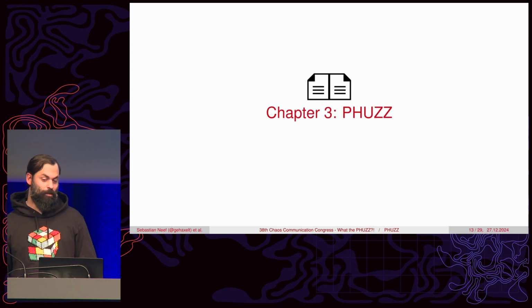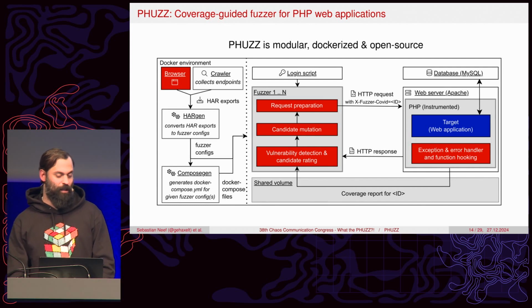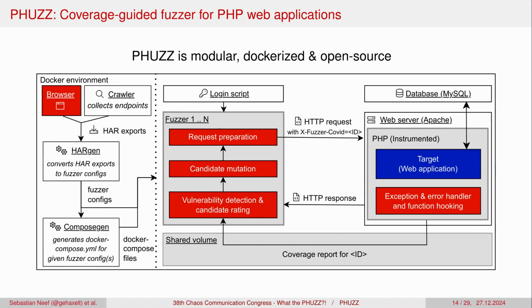So let's talk about Fuzz. Fuzz is the framework that we have developed. You can see a figure of that on the slide. It is modular, it's Dockerized, and it's open source. You will get the link to that project on the last slide, just to keep your focus on the slides, not on the code.